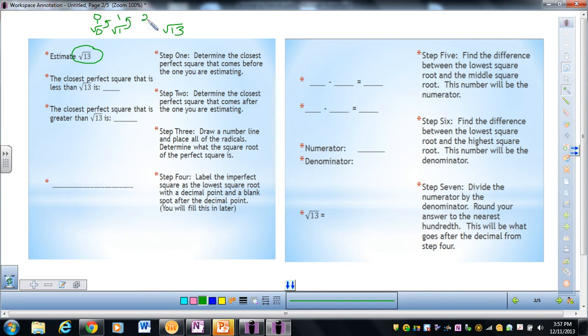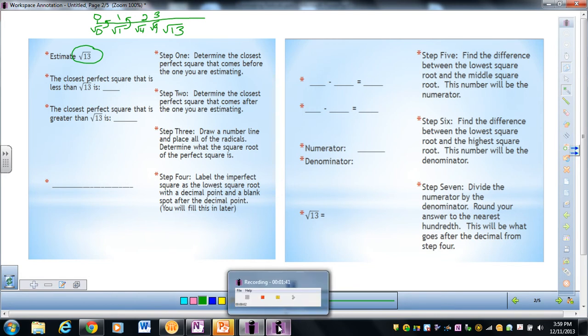If I had 2 on my number line, I know that the square root of 4 is 2. If I've got 3 on my number line, I know that the square root of 9 is 3. So 9 is going to be my next smallest square root, the closest perfect square.